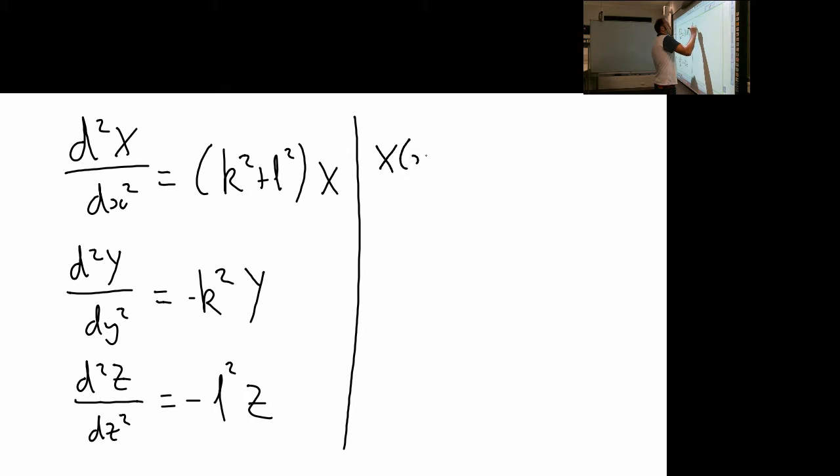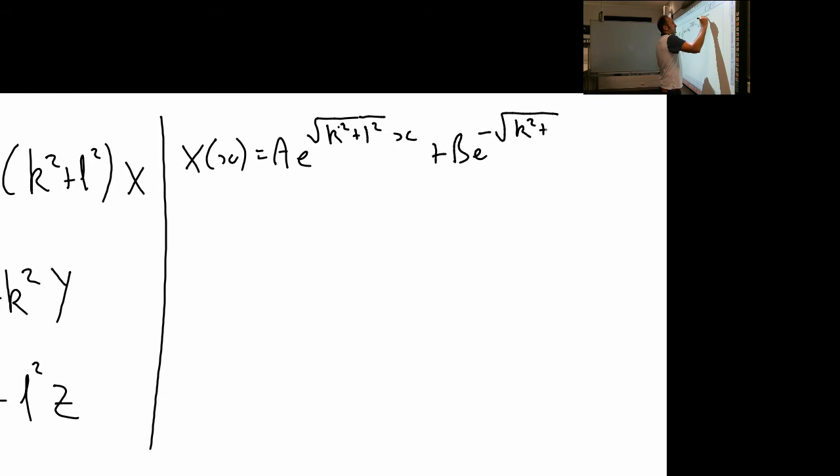Okay, so these are going to have solutions of the form, for x, it's going to be positive, so it'll be equal to a e to the square root of k squared plus l squared by x plus b e to minus square root of k squared plus l squared x.